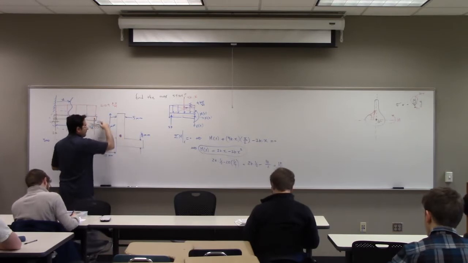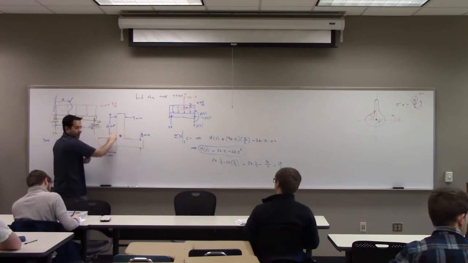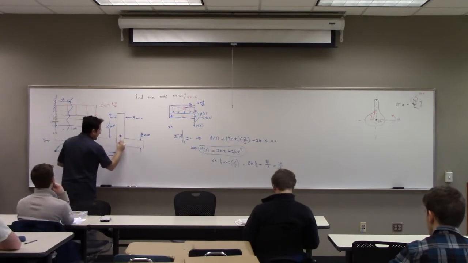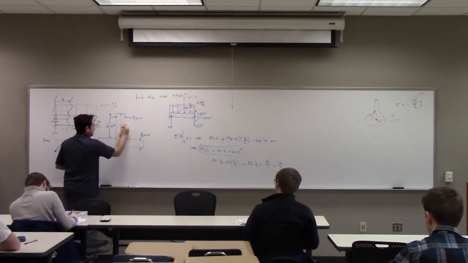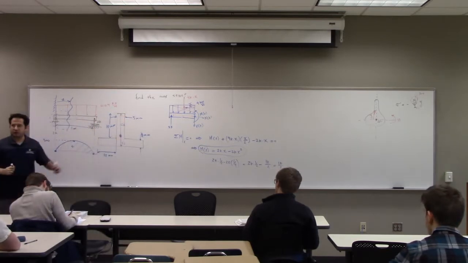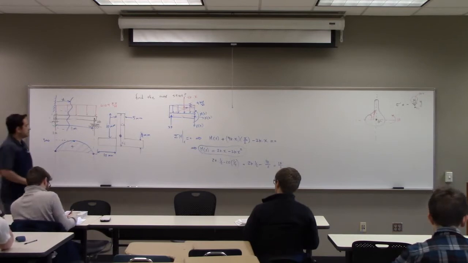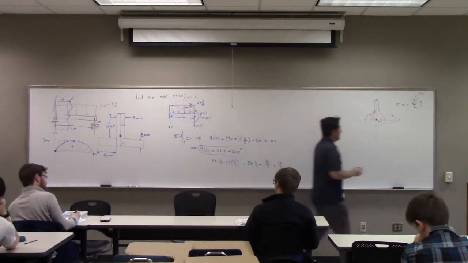If this was completely filled, the centroid would be exactly at the center, but because we have more area at the bottom, this will shift down. Now I have two distances. Let's call this C1, C2. So which one should I use for my y maximum? C2.